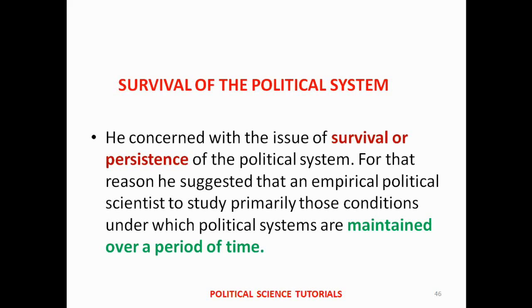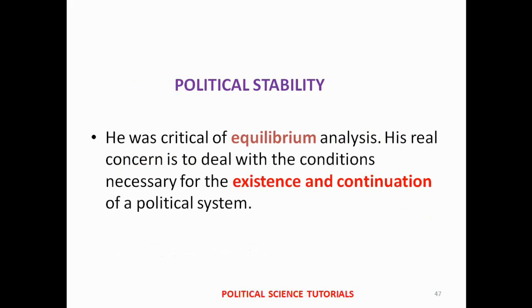Third point is political stability. The stable condition of a political system is a necessary condition for developing a political system, and the condition in which a system will be able to keep its stability is the central point of political thinkers.